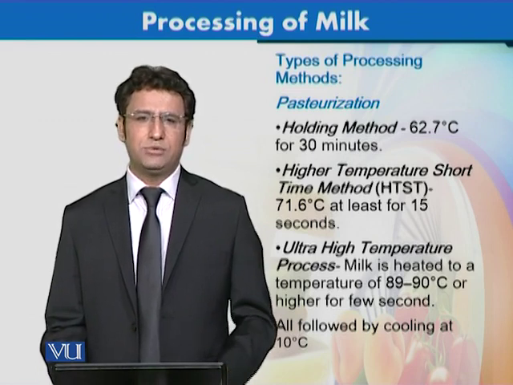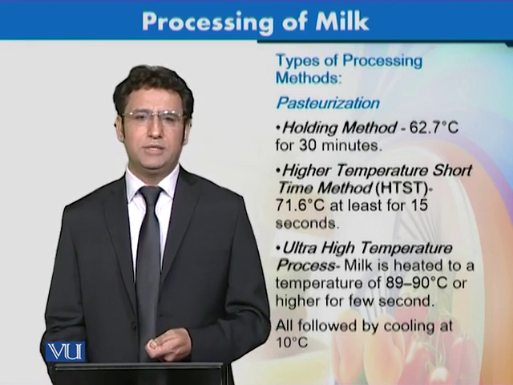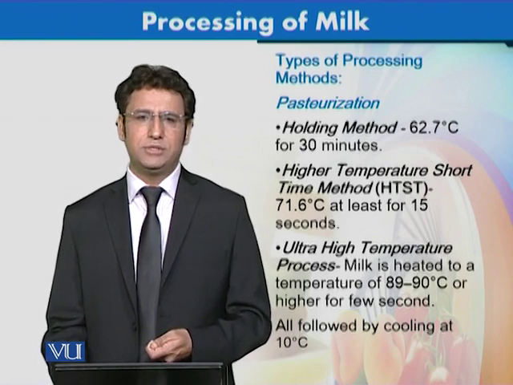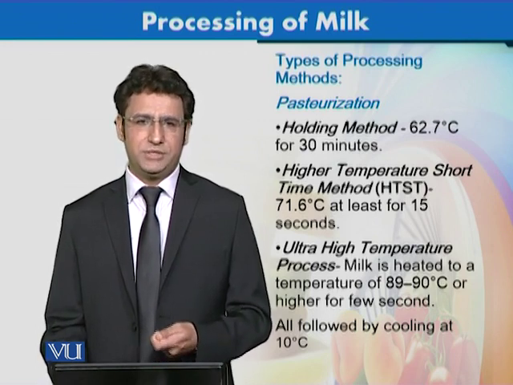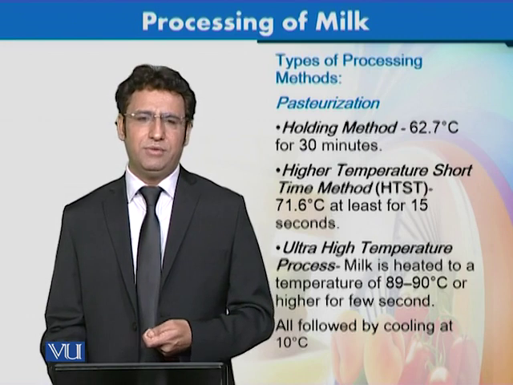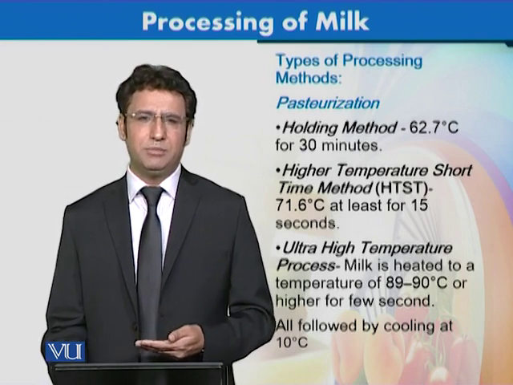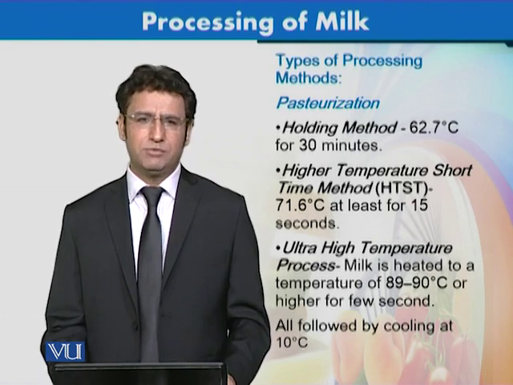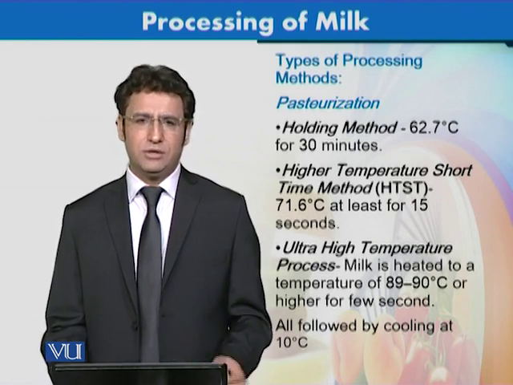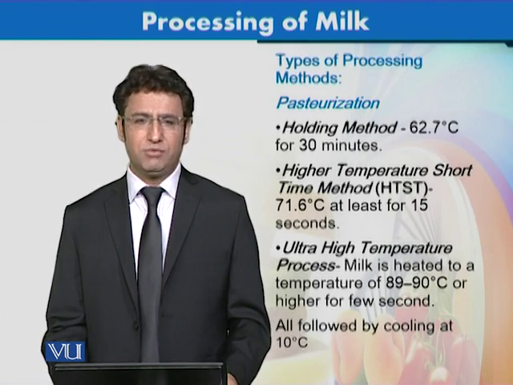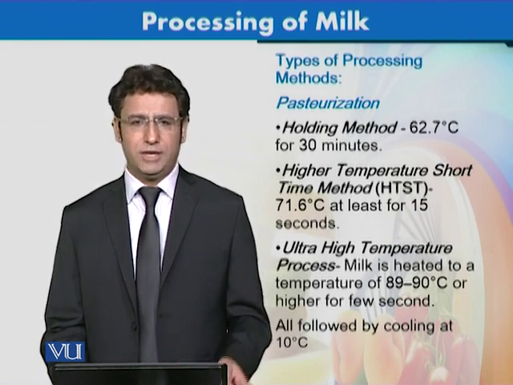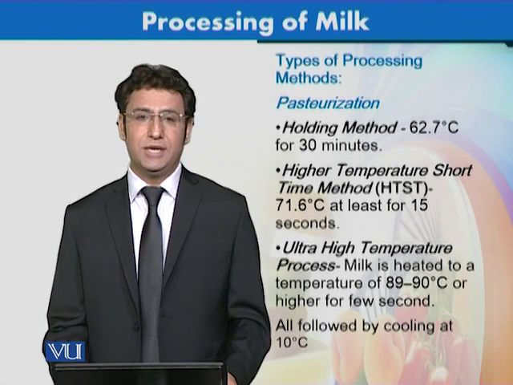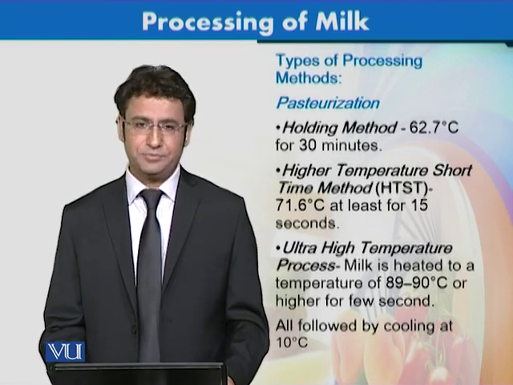I would also like to say here that these temperatures or durations are not fixed. We can have different combinations of times and temperatures by which we get a desirable end product where most of the pathogens are destroyed, or in the case of UHT milk we would want to destroy all the viable microbial cells as well as their spores.